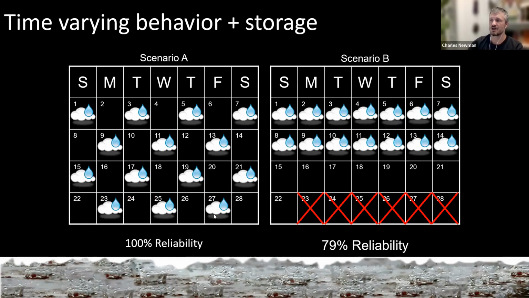But one scenario is 100% reliable, and scenario B presents a condition where the same system is only 79% reliable. I hope this example paints a picture of how you need to proceed with this assignment.